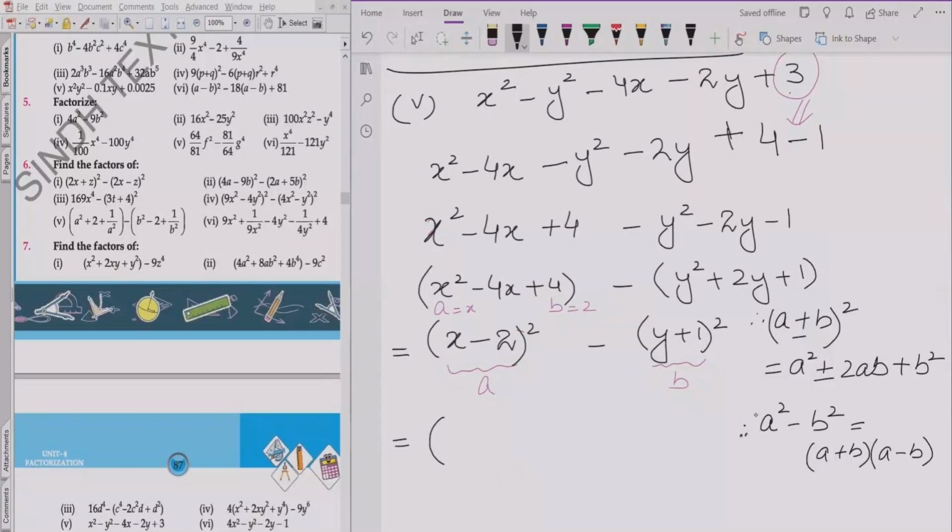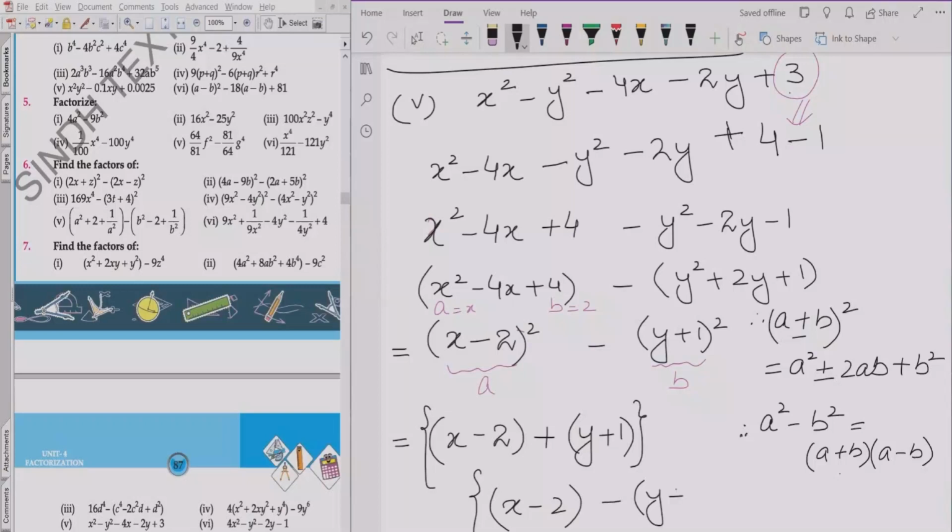So now x minus 2 is a, and after that we have the plus sign, and y plus 1 is b. Now we will make a curly bracket. So this is one factor of it. And after that we have x minus 2 minus y plus 1, right? So this is the other factor.